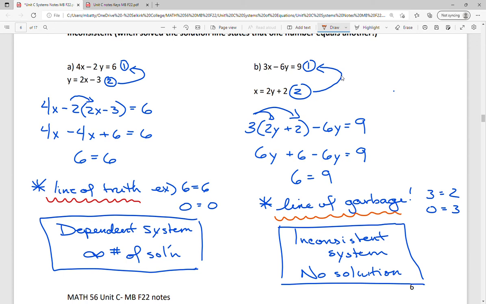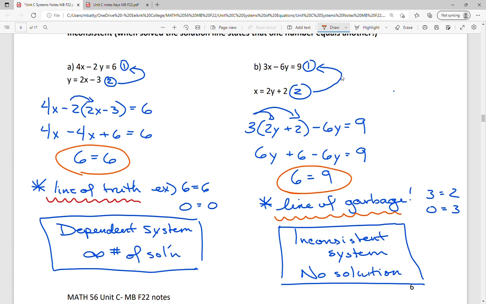To be honest, I kind of am relieved when I get down to a line of truth or a line of garbage, because it's basically half the amount of work as a consistent system. The consistent systems feel great because you've got solve for x, solve for y, you get a nice neat answer. But honestly, you're going to take half the amount of time when it's a dependent or an inconsistent system.